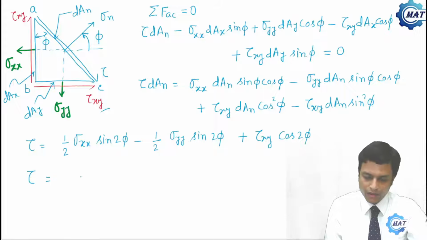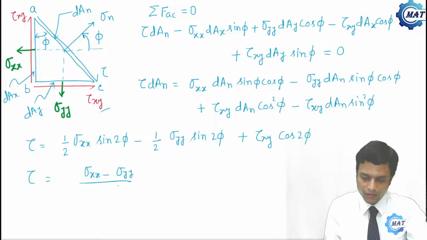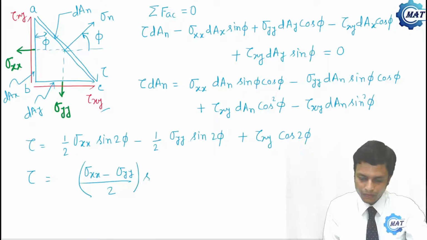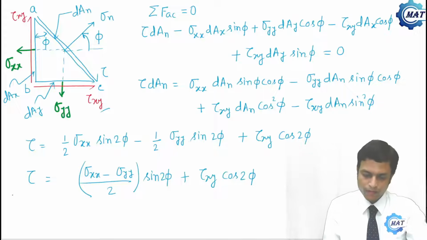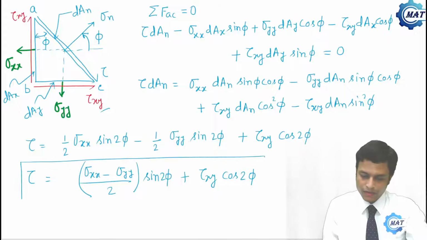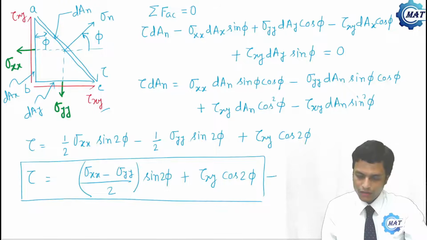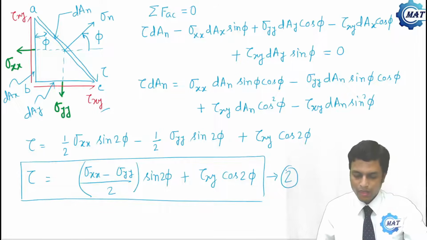That is, tau becomes sigma xx minus sigma yy by 2 sine 2 phi plus tau xy cos 2 phi. And let me give this equation as equation number 2.